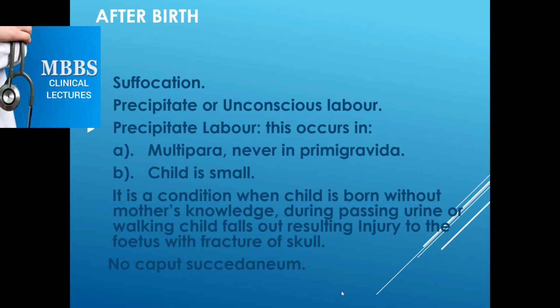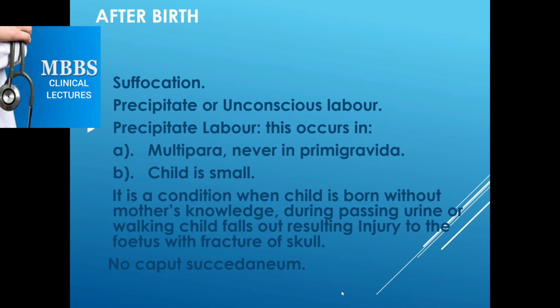After birth, there may be suffocation or precipitate labor. Precipitate labor is a condition when the child is born without the mother's knowledge. During passing stool or while walking around, the fetus falls out, resulting in injury to the fetus with fracture of the skull.